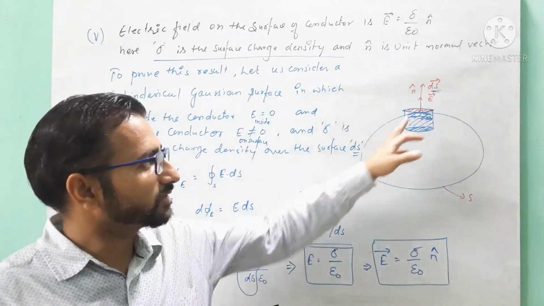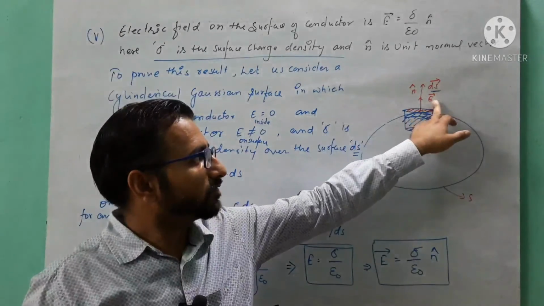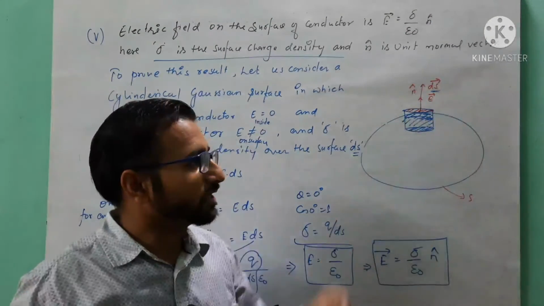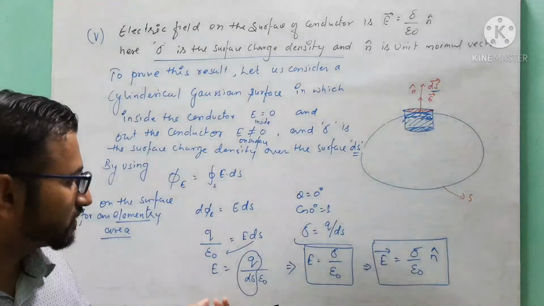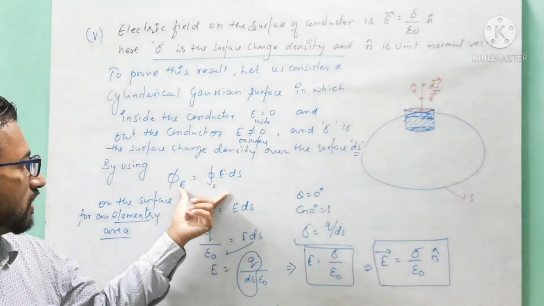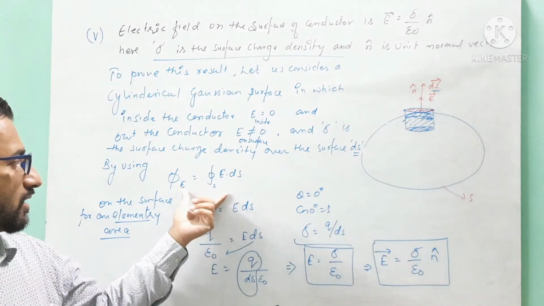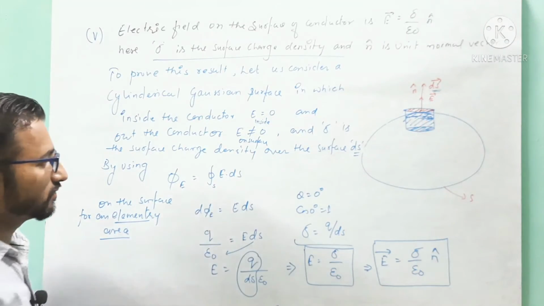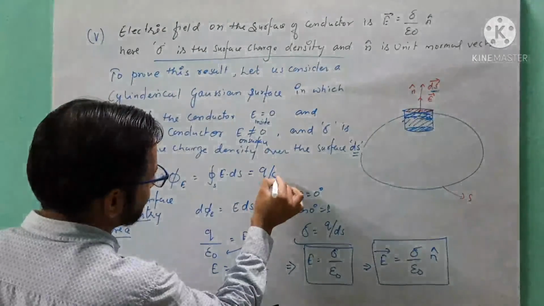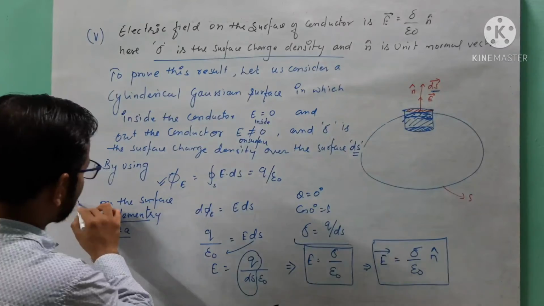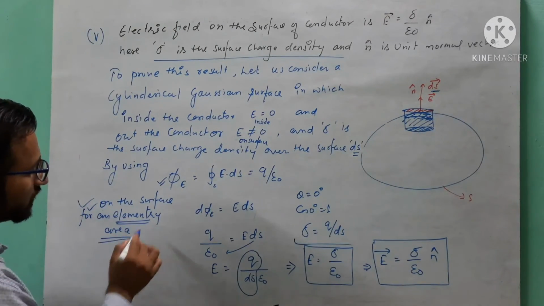So by these two statements, we can say E and ds are both in the same direction. That's why I have written this. And using Gauss theorem, I use this result, which equals Q over epsilon naught, for this elementary surface area. Got it, student?